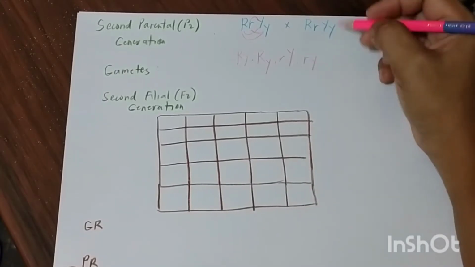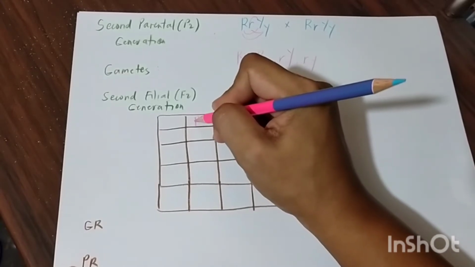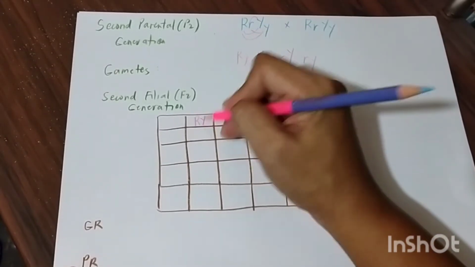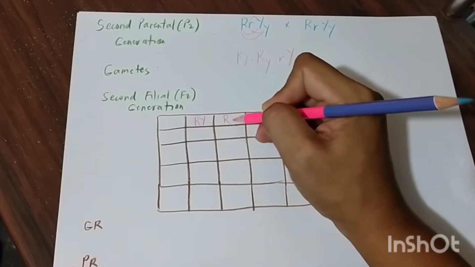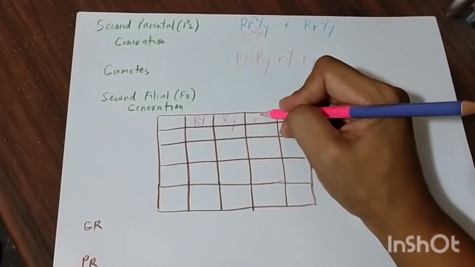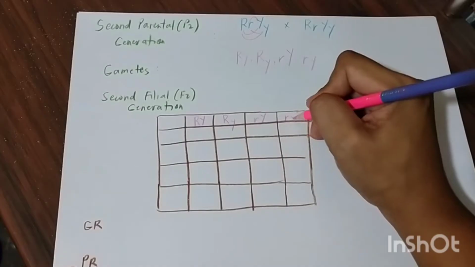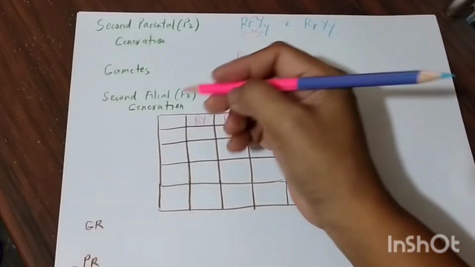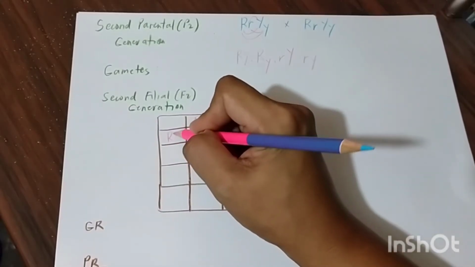So for our second filial generation, we have an allele for round and yellow, an allele for round and green, an allele for wrinkled and yellow, and an allele for wrinkled and green. The same is true with the genotype of the mother. We have this.